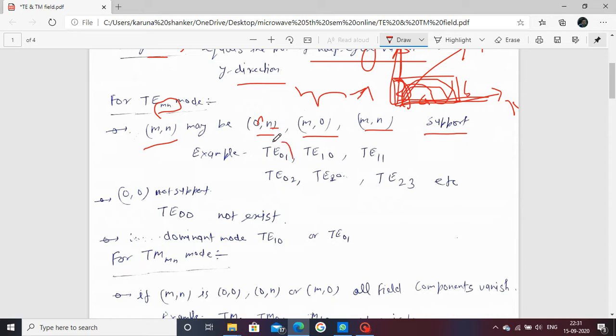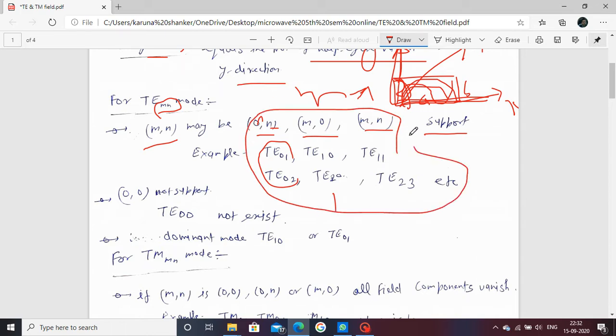For example, 0 is constant, 0 1 and 0 2, and this wave is supported. Next, M is also 1, 2, 3, 4 whatever, with 0 constant, and this is also supported. If we put M and N as 1 1, 2 3, 4 3, whatever, this field pattern inside your waveguide is supported.